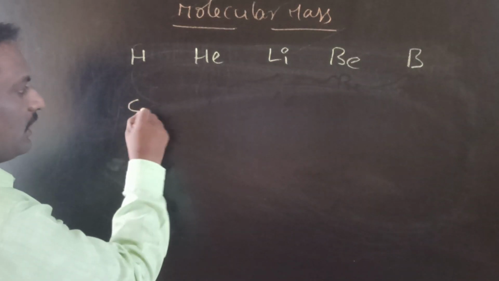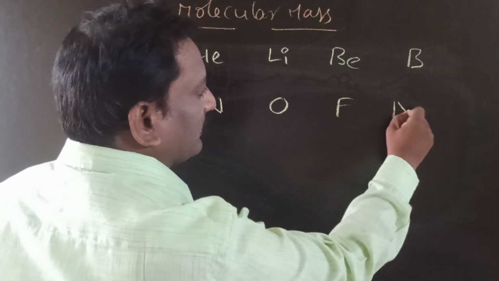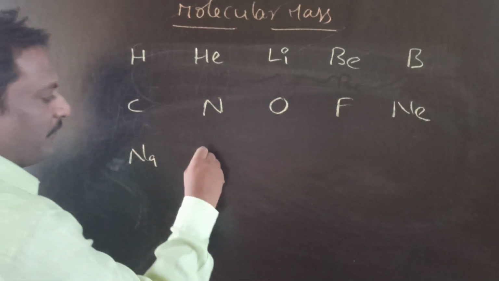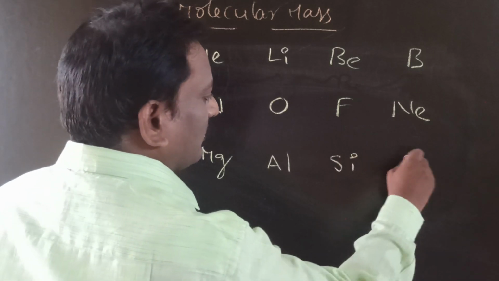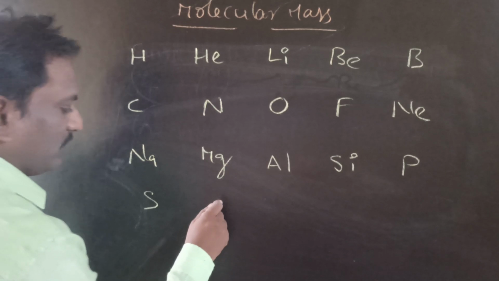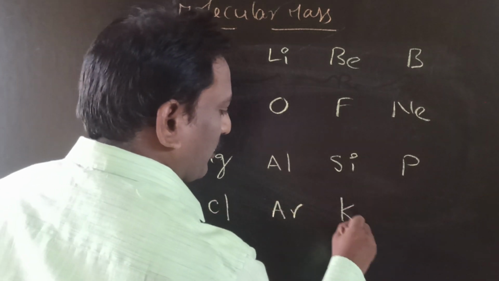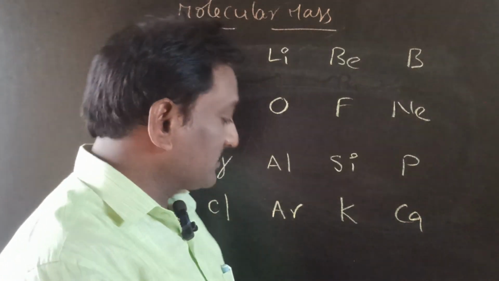Next, carbon, nitrogen, oxygen, fluorine, neon. Sodium, magnesium, aluminum, silicon and phosphorus. Next, sulfur, chlorine, argon, potassium and calcium. So these are the 1 to 20 elements.